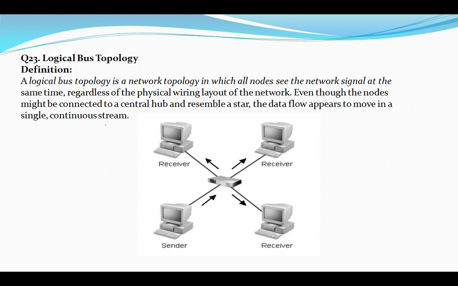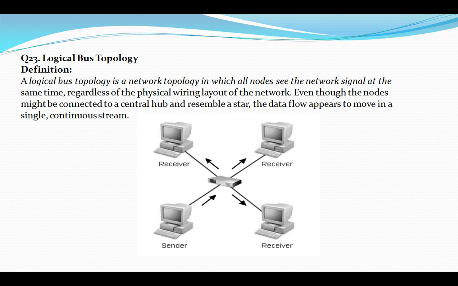The next question is, guys, bus logical topology. A logical bus topology is a network topology in which all nodes see the network signal at the same time, regardless of the physical wiring layout of the network.